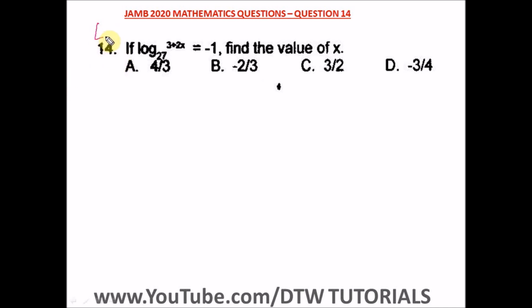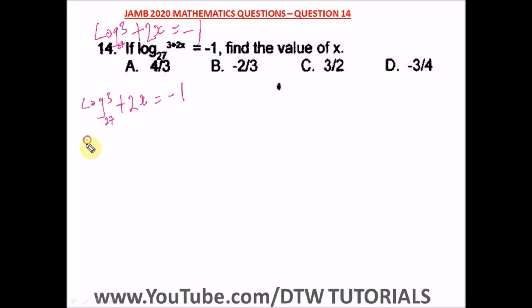So this is log 3 base 27 plus 2x equals minus 1. So this is the question. So solving for this, we have log 3 base 27 plus 2x equals minus 1.